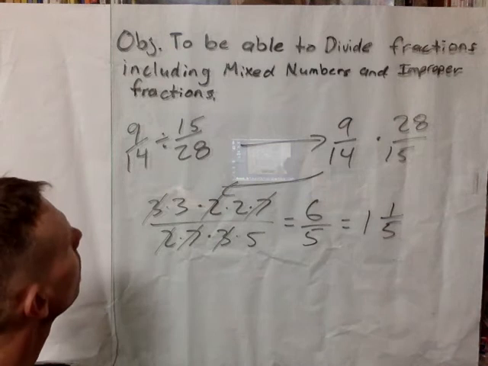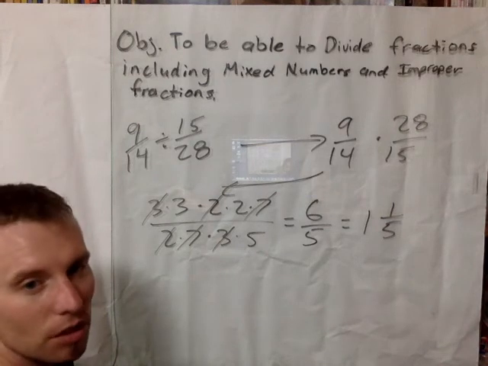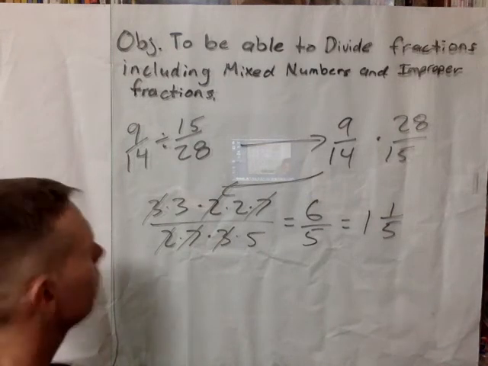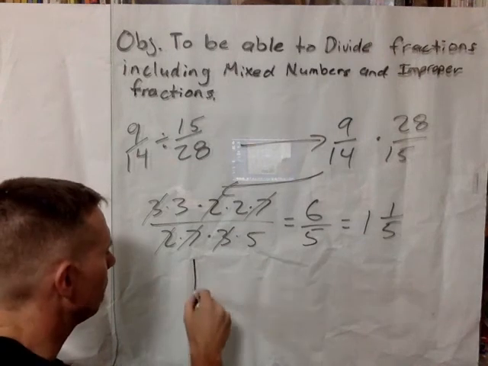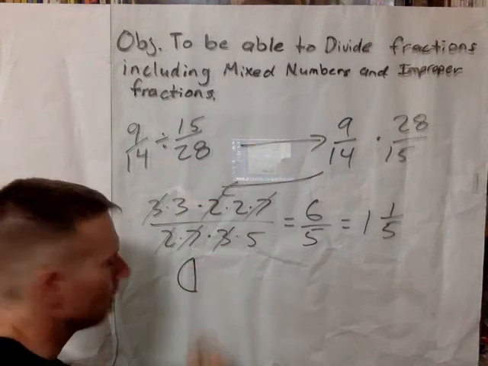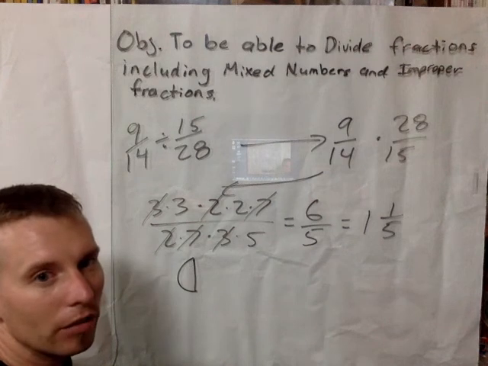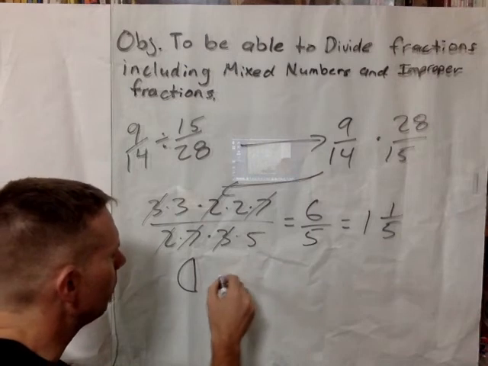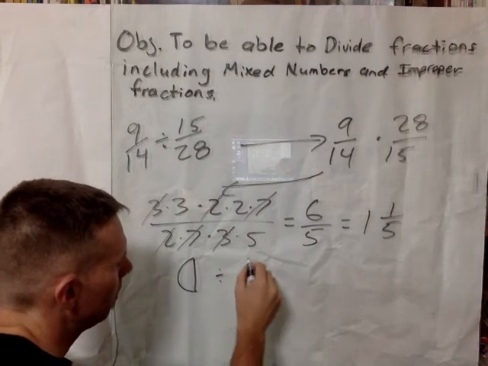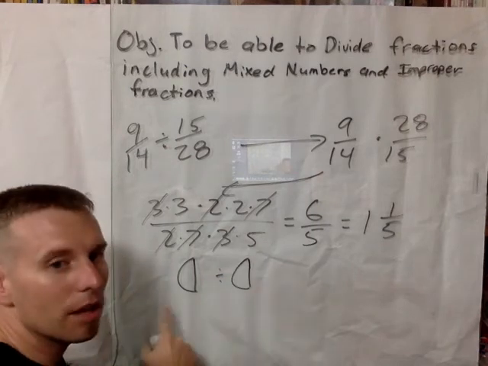Now, let's just estimate to see if that's approximately correct. 9/14, I know it's a little bit more, but I'm going to say that's about 1/2. And then we're going to divide this by another thing that's about 1/2. Well, how many times does a half go into a half?